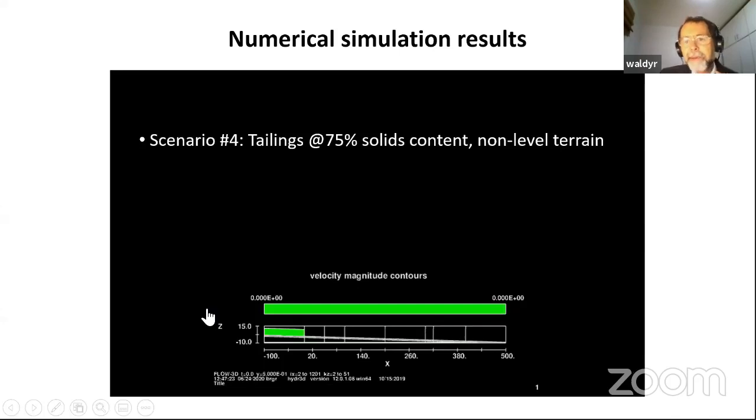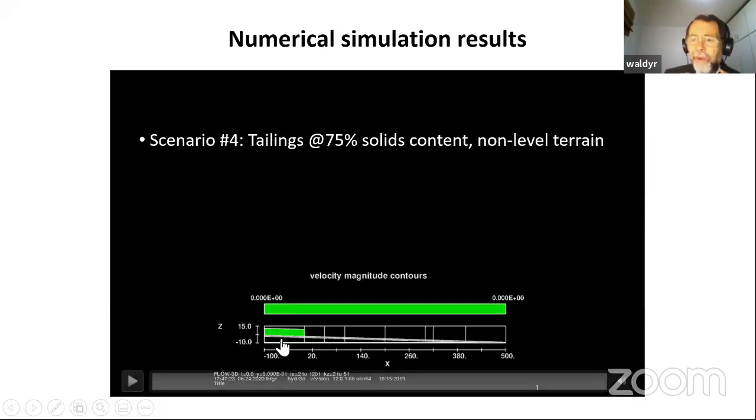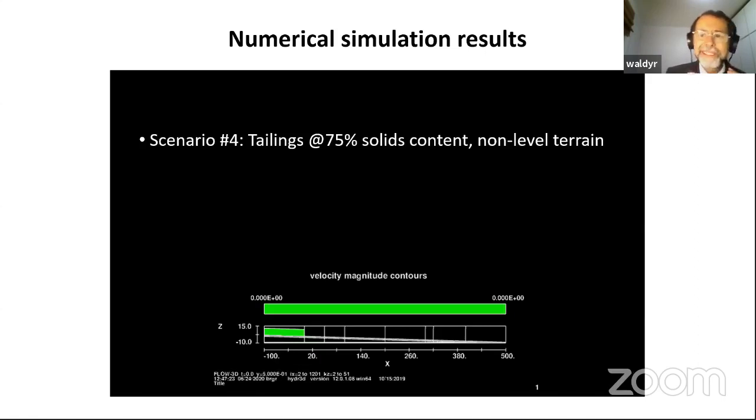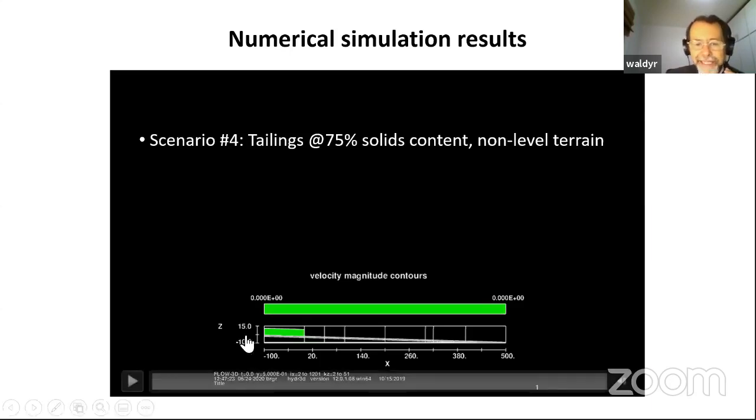The fourth case, remember, is the same as the third case, but it's a non-level terrain. And this non-level terrain, it's very important to say, has a 1.1 degree inclination, or if you want, 1.7% ramp, less than 2%. So in that case, let's see what's going to happen.